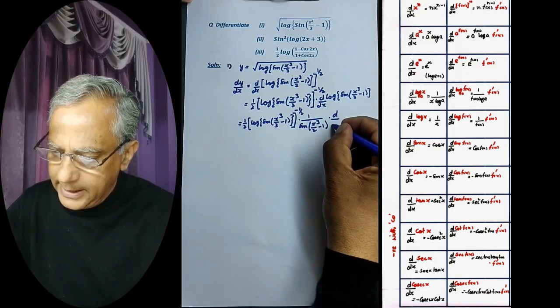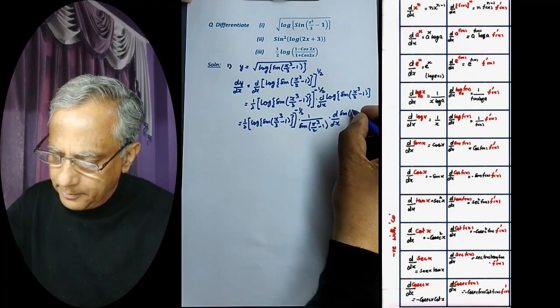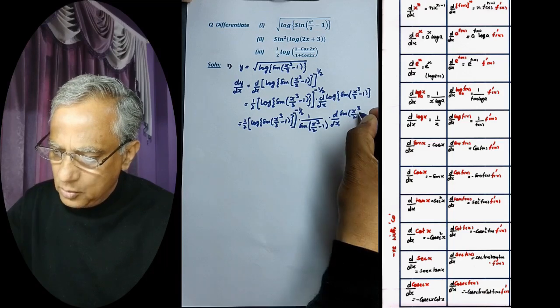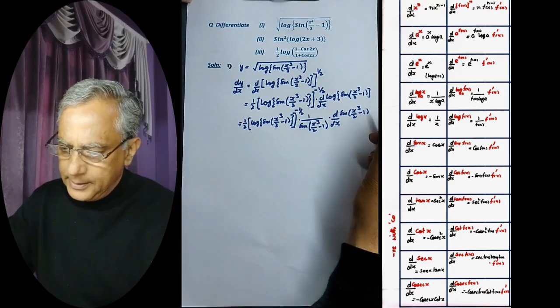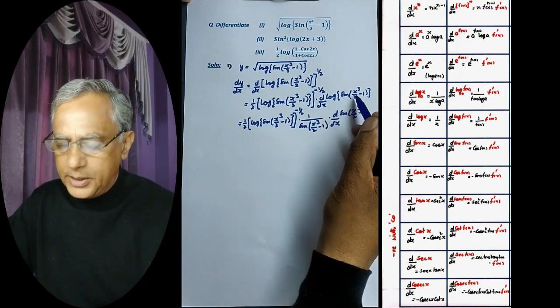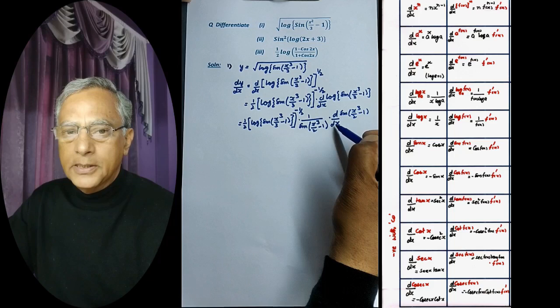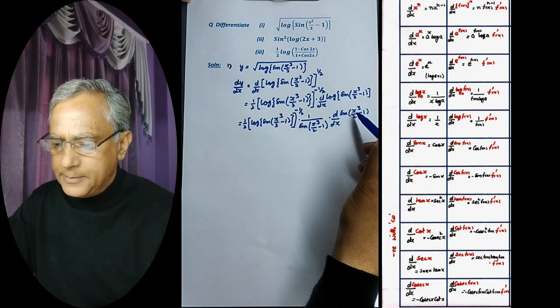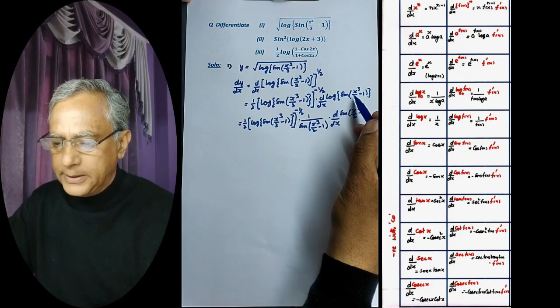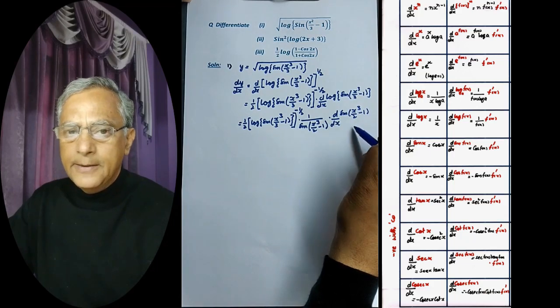D by dx of inner function is sine x cube by 3 minus 1. This will be treated as log of f x. So its differential is 1 over f x into d by dx of f x. Formula for log x is being used for sine x cube by 3 minus 1. So we must take the differential of this function. This is the chain rule.